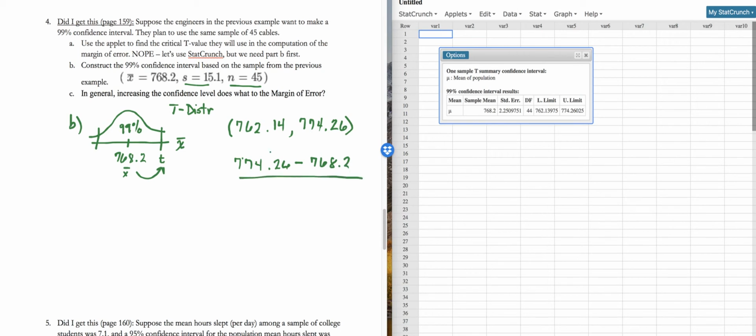That'll give us the total distance from center to this right-hand endpoint. We want to know how many standard deviations that is. So what we need to divide by is not the standard deviation of the sample. We need to divide by the standard deviation of this distribution, which StatCrunch gave us over here. The standard error is 2.25.